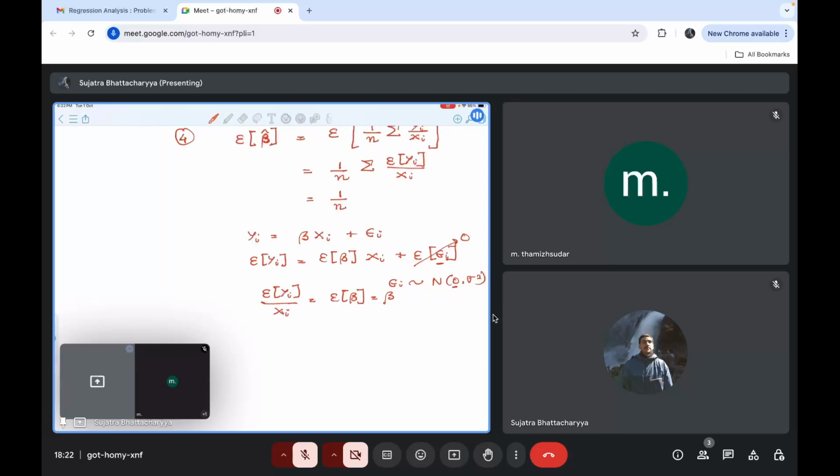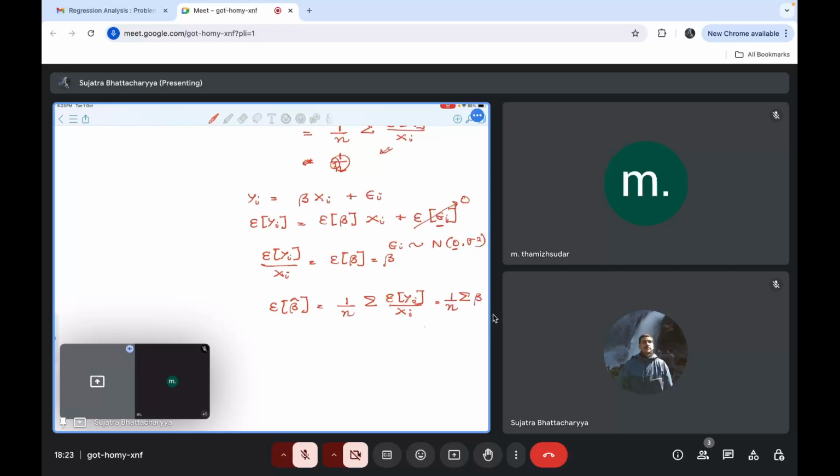So if I now come to this part, what we are getting is E of beta hat is nothing but 1 by n summation of E of yi divided by xi, which is nothing but 1 by n summation of beta. This summation is n times beta, so it will be n beta divided by n, so it will be only beta.